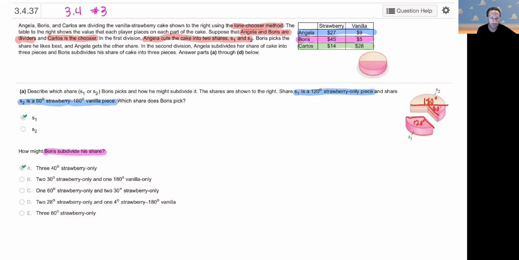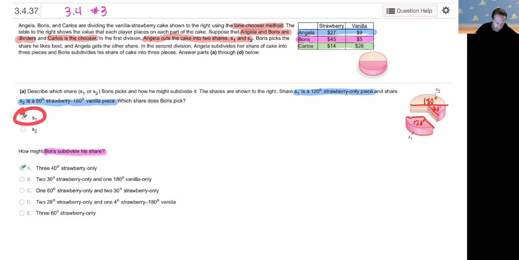So obviously, without even getting too mathy on this, what is Boris going to pick? Well, Boris definitely, without a doubt, wants the strawberry piece. Even though the other one has more cake, he values the strawberry at a whole lot more.